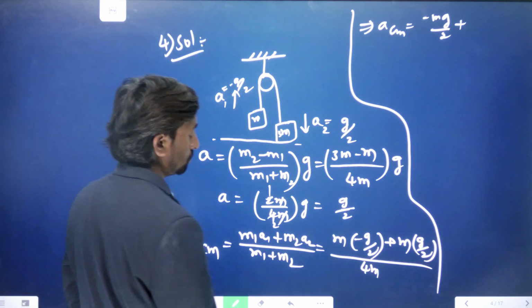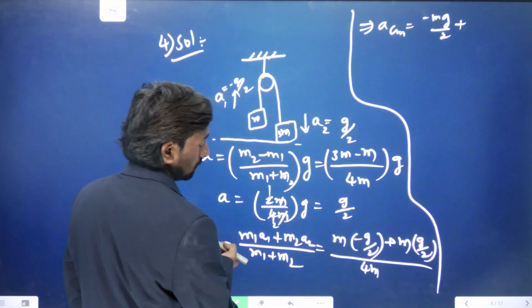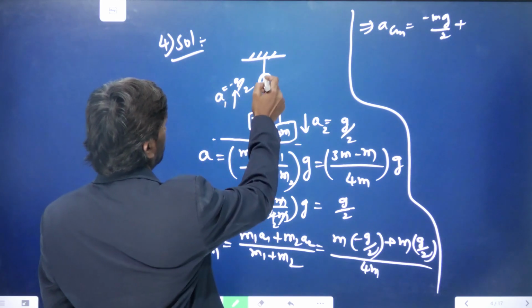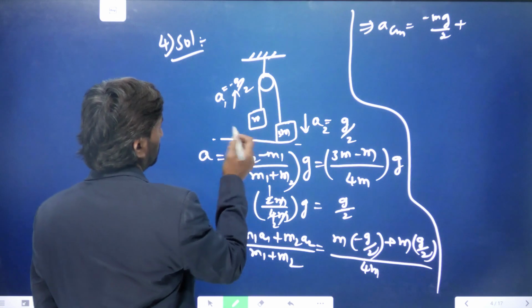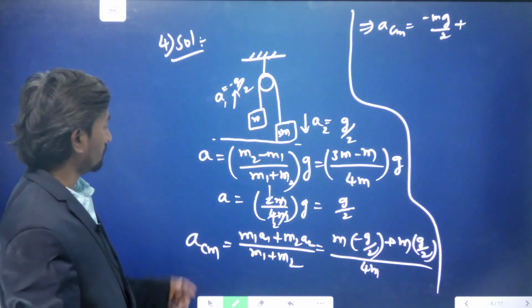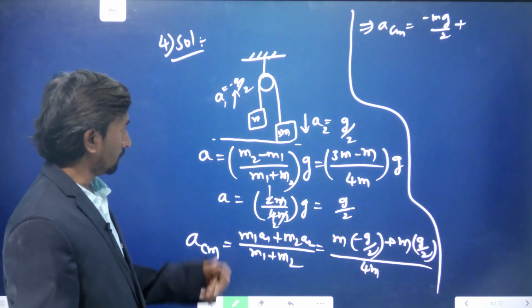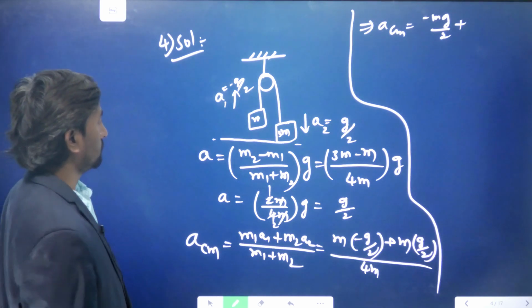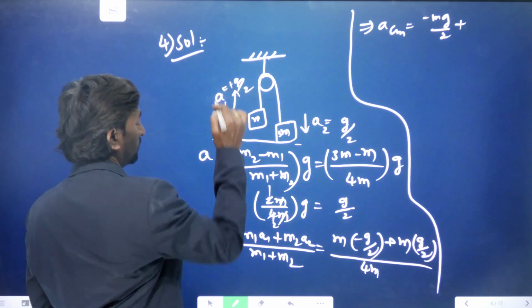So xcm is equal to minus mg by 4, no? This is acceleration and it is moving with this mass m1 minus m2 we can write there. So you take here the acceleration in the Atwood machine, this is plus only we can take here.